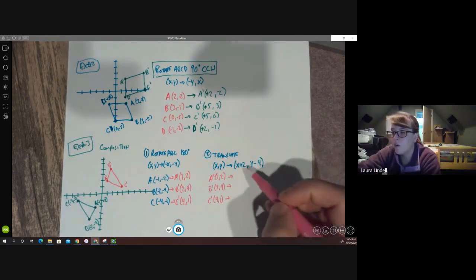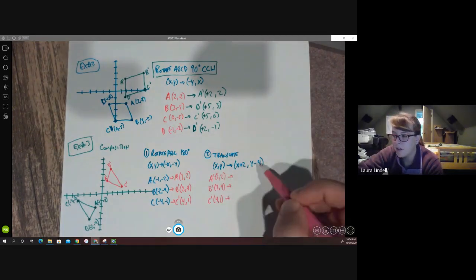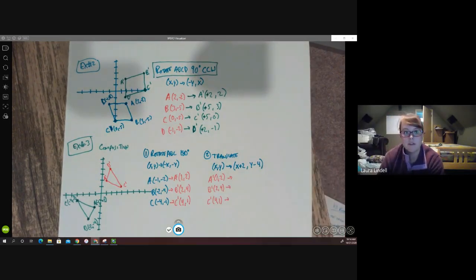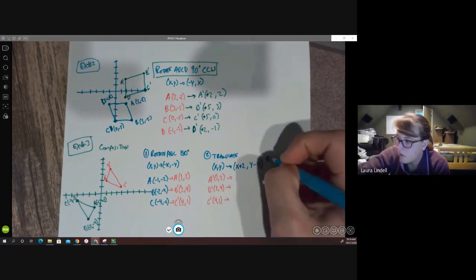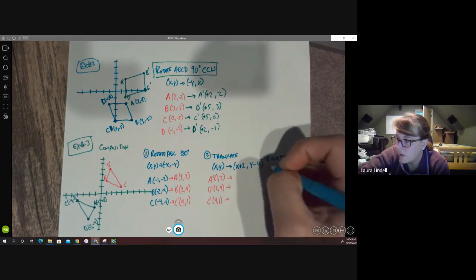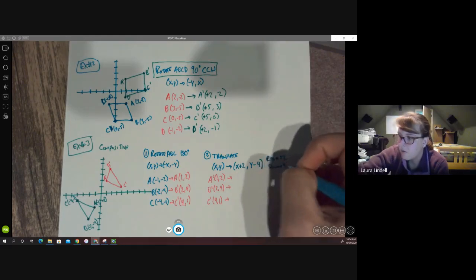And I could change the coordinates by adding 2 to the X values and subtracting 4 from the Y values. That's one way you could do it. Another way you could do it is think about, what is this translation telling me to do? Well, it's telling me right 2 and down 4.